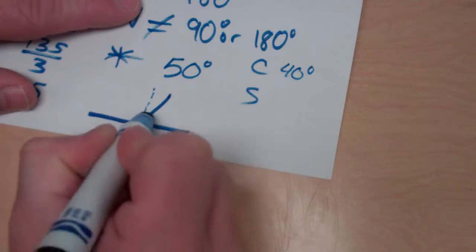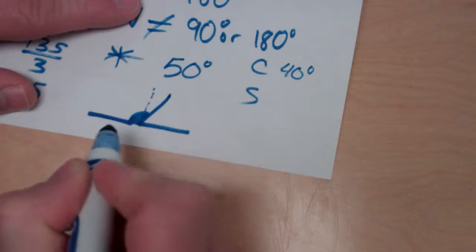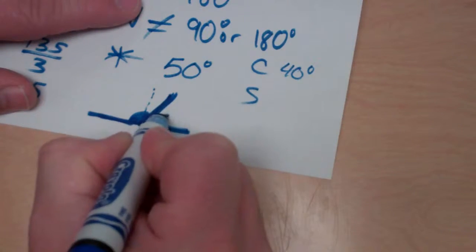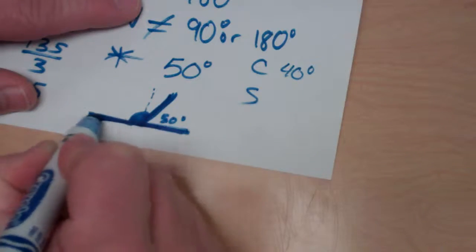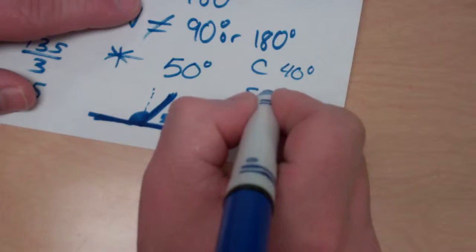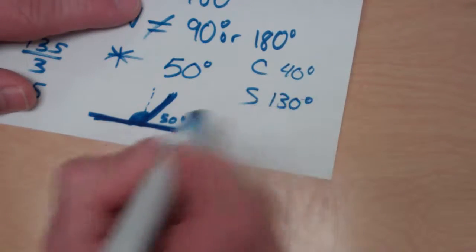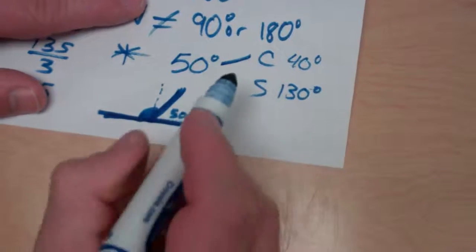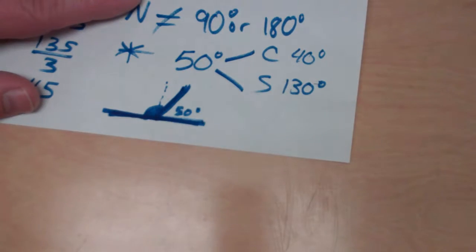This other angle here, it's an obtuse angle now, adds up with the previous 50-degree angle to equal a straight angle, or 180. So if I take 180 minus the 50 I know, I get 130 degrees. So the complement of a 50-degree angle would be 40 degrees. The supplement of a 50-degree angle would be a 130-degree angle.